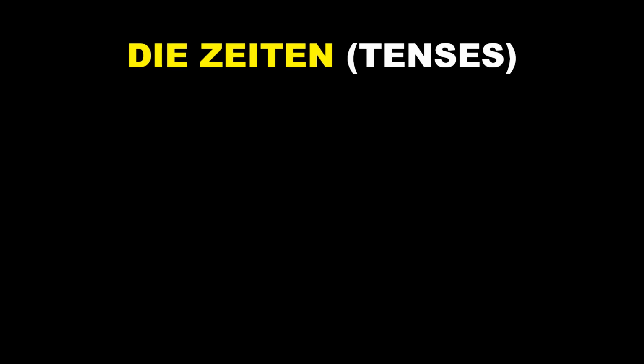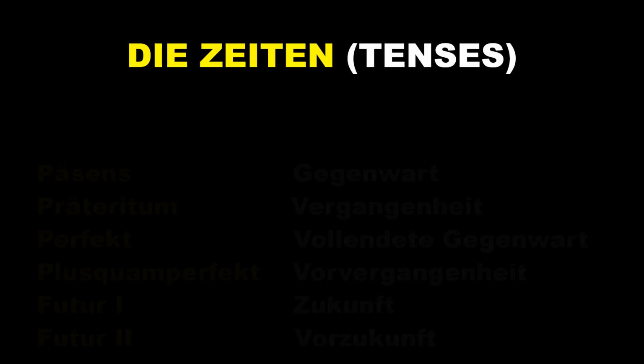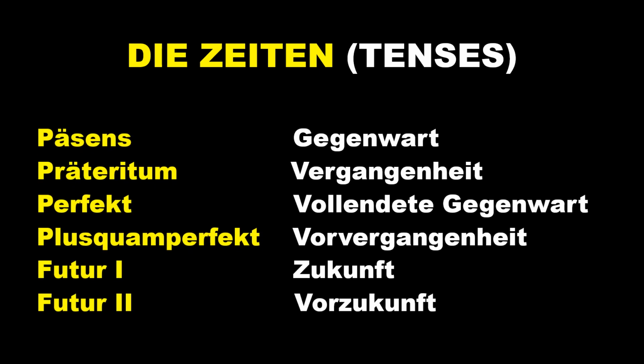Now, let's understand what these tenses mean. Here I have written everything in German, but I'll explain in English as well. Die Zeiten means tenses. Now Präsens, that is present tense, we call Gegenwart in German. Präteritum, past tense, we call Vergangenheit.